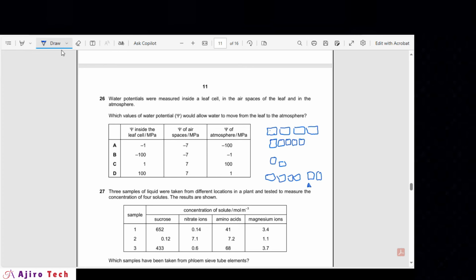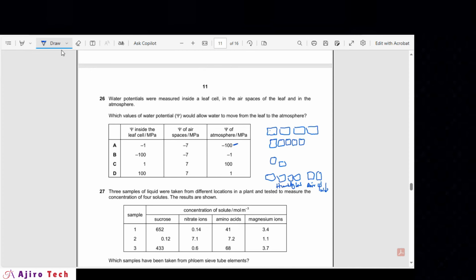The air outside has to be, for the rate of transpiration, that's what we are talking about here, for the rate of transpiration to be high, for transpiration to occur, the humidity, which is the amount of water vapor, has to be low. So water potential here has to be very negative, like minus 100.